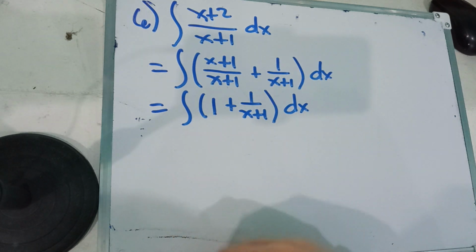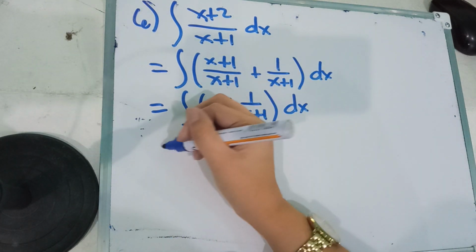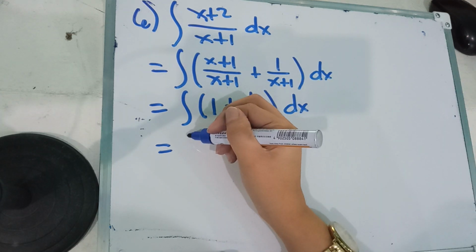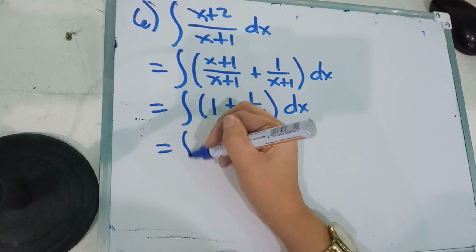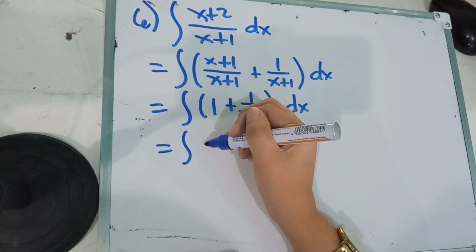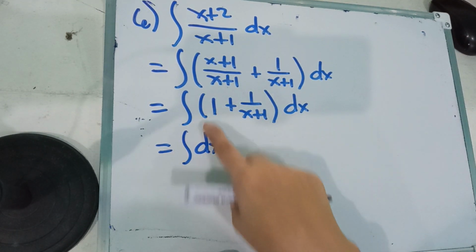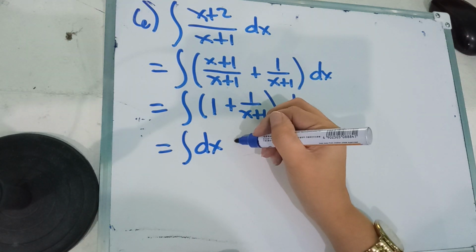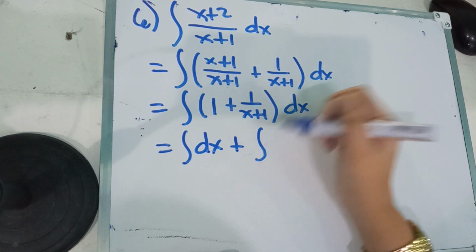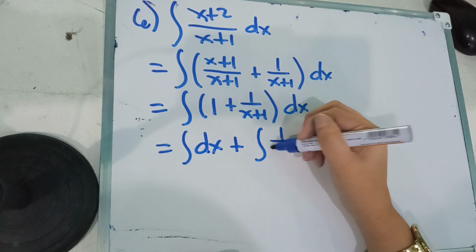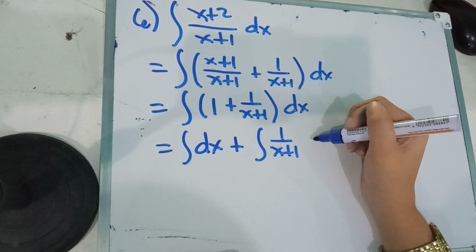Now applying the distributive rule for integral, that's the integral of 1. So the integral of 1 is simply dx. Distributing dx plus the integral of 1 over x plus 1.